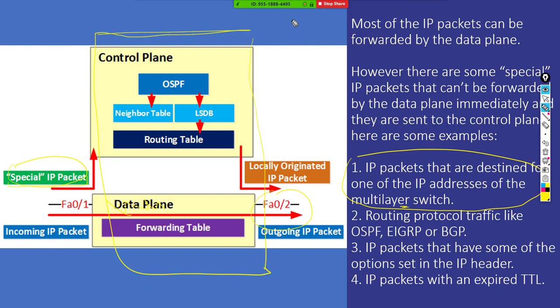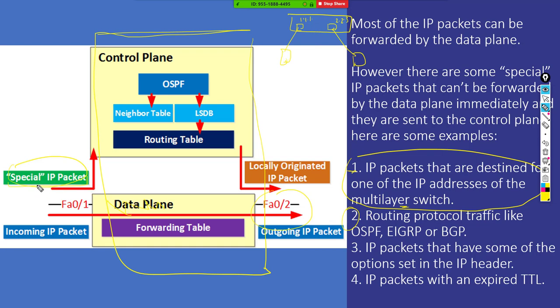Let's say this is a multi-layer switch, on one interface I have a computer, and the second computer is also connected on this. So both IPs are on the same multi-layer switch. That is the first scenario, when both source and destination are on the same box.